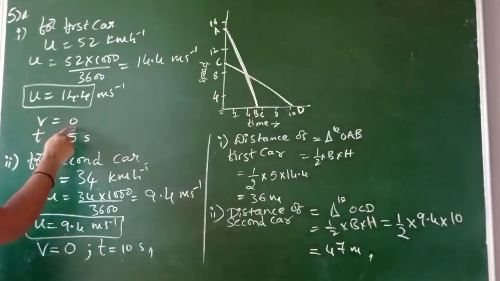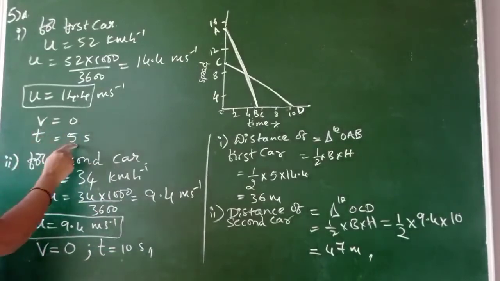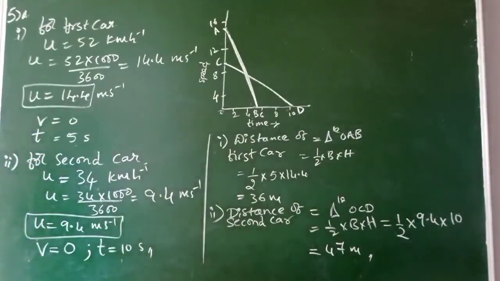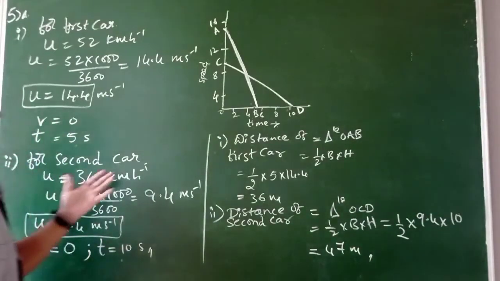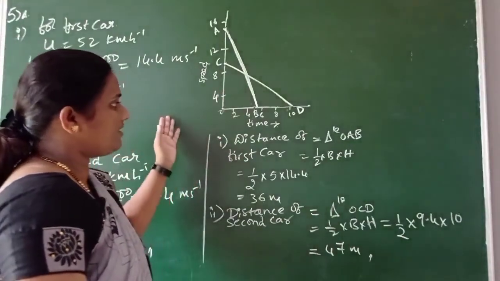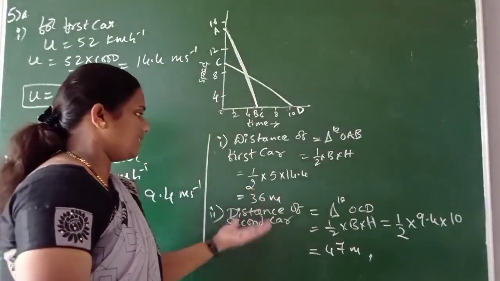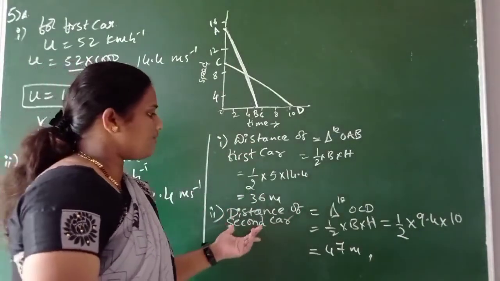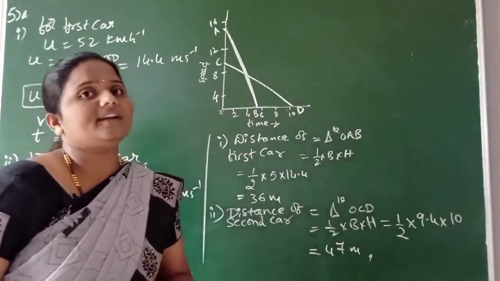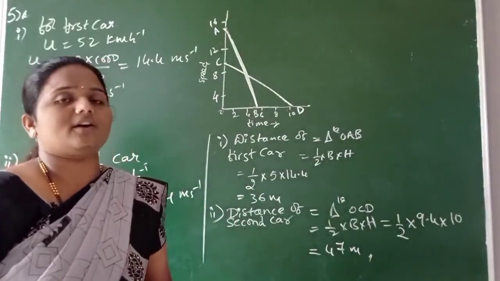At that time the speed becomes 0, and the time given is 5 seconds. Do the same for the second, and next plot the graphs by taking the given or found values. You will get a distance of 36 meter for the first car and 47 meter for the second car. Is it clear, children? Okay.